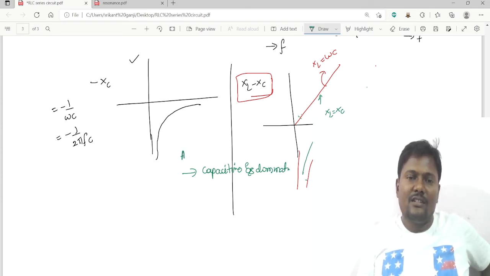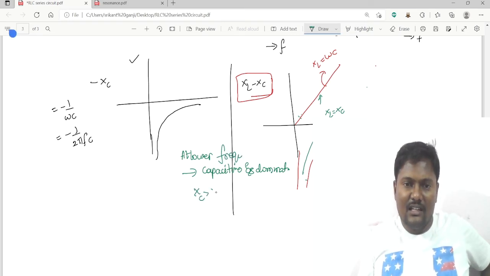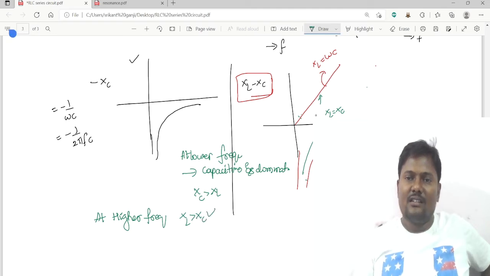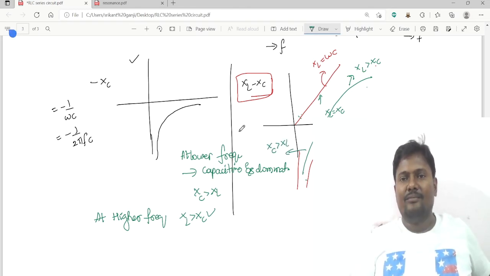At lower frequencies, XC is greater than XL. At higher frequencies, above the resonant frequency, XL is greater than XC. In this portion XL is greater than XC, but in this portion XC is greater than XL. And these are the reactance curves.